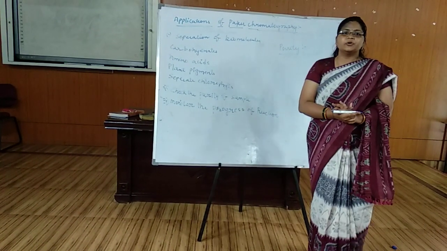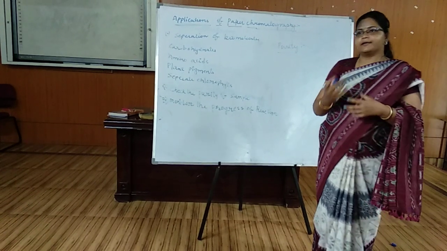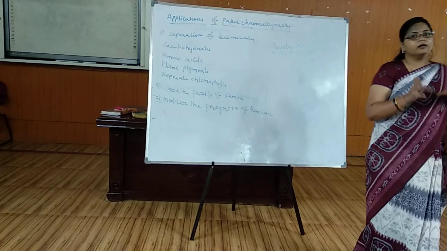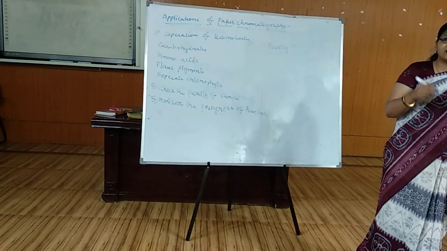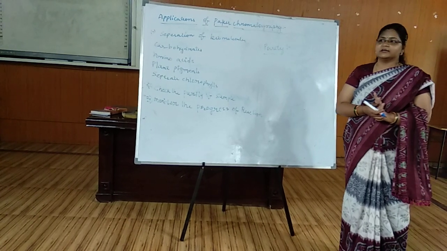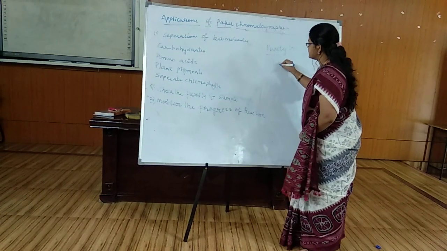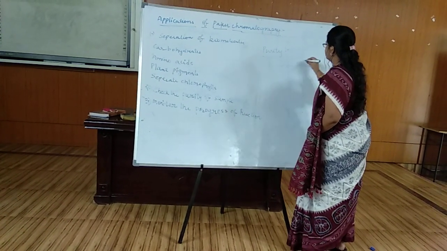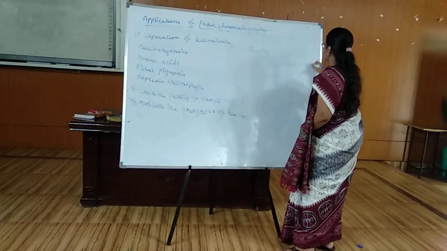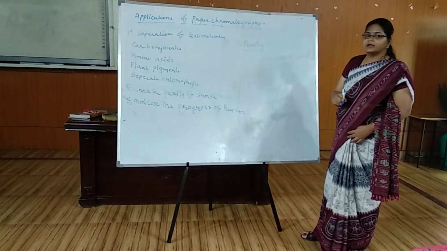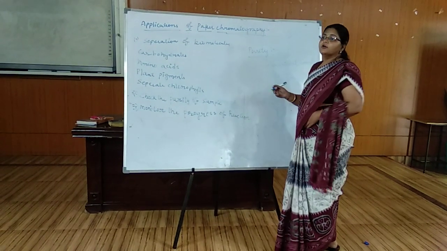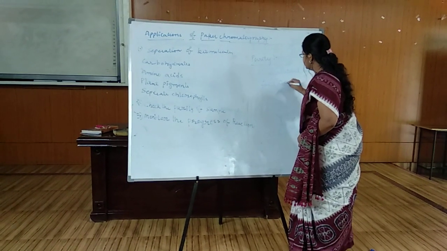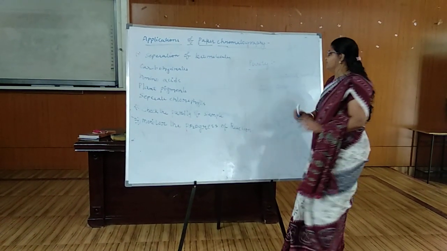In the pharmaceutical industry, they will be producing many drugs. So you can check the purity of the drug, whether it is really the pure active component or if there are any other contaminants in it. And also you can check the pharmaceutical samples, and also you can check the food samples for adulteration.